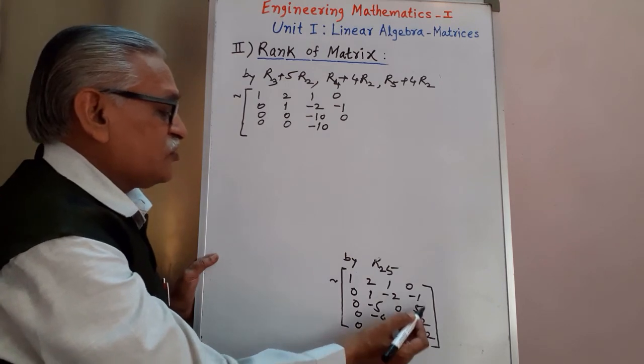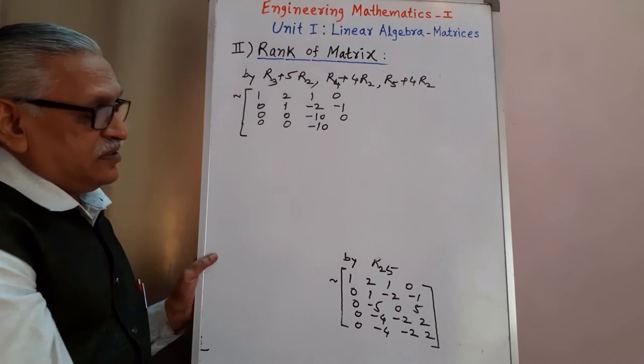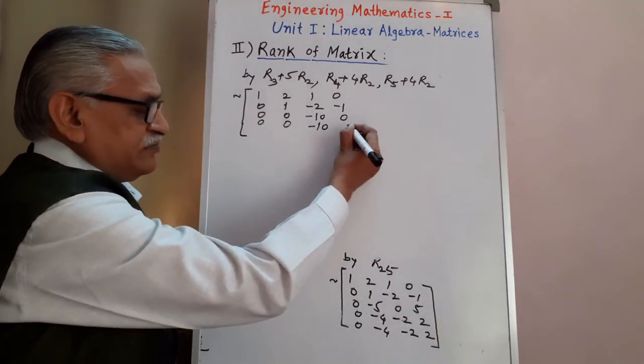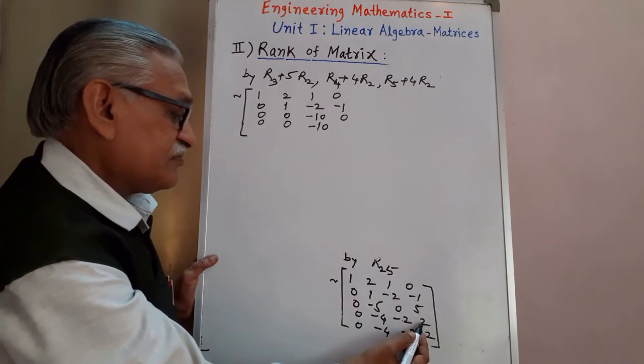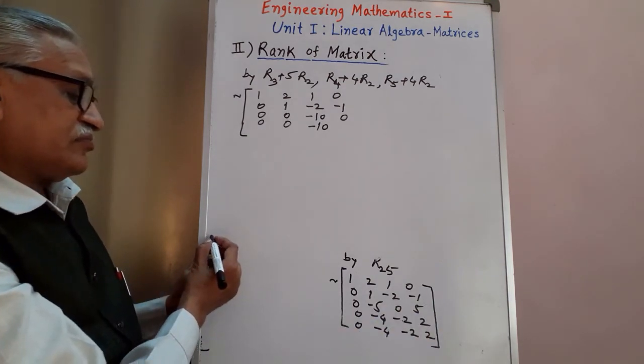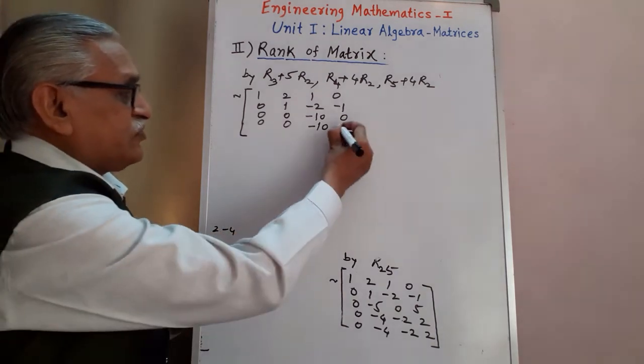Next one is 2 plus 4 times minus 1, 2 minus 4, we get minus 2.